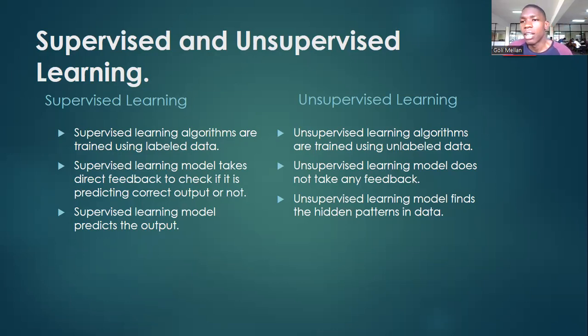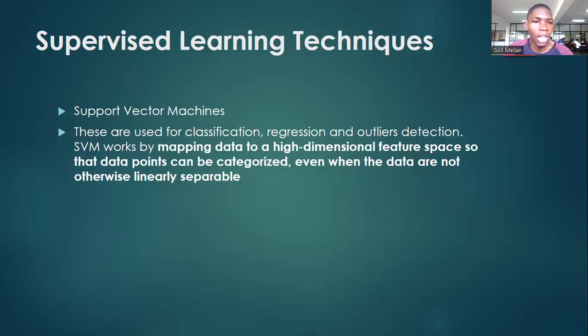As we proceed, among the supervised learning techniques, like I had said, I'm just going to use the support vector machine. The support vector machine is one of the most common algorithms for machine learning and artificial intelligence.